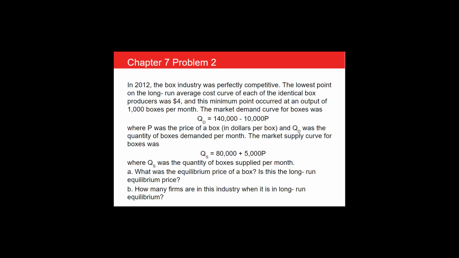So for question A, since the industry is in equilibrium, each firm takes the market price as given and merely reacts to it, price taker, right? This equilibrium price is given by setting quantity demanded equal to quantity supplied. Then you can find price and quantity at the same time.